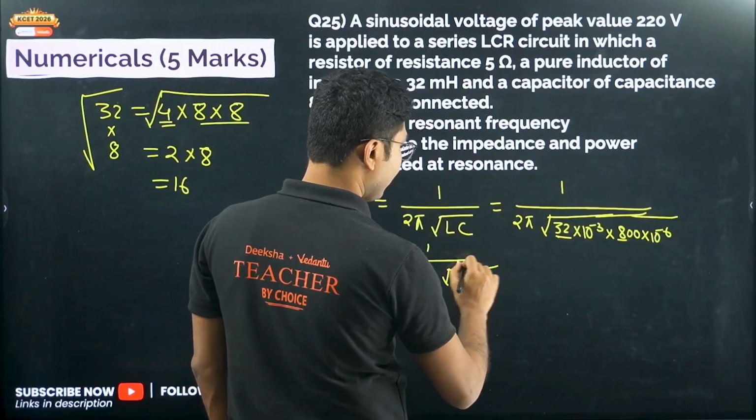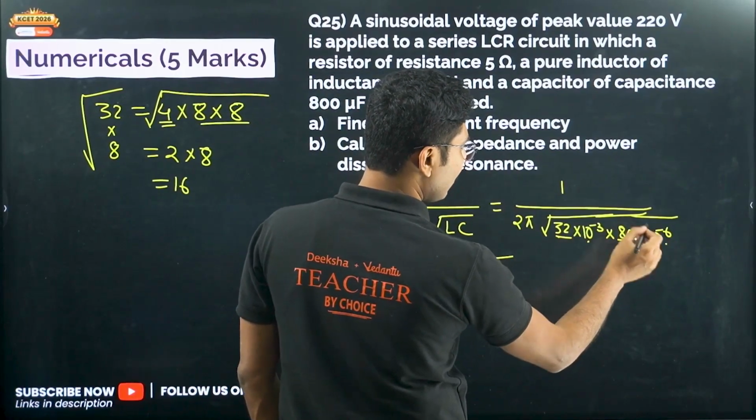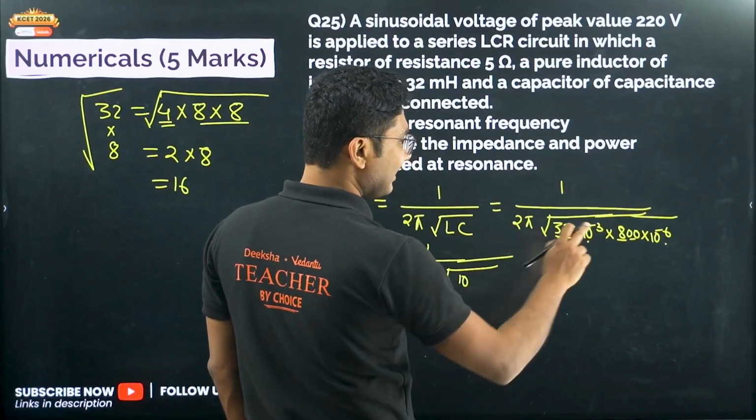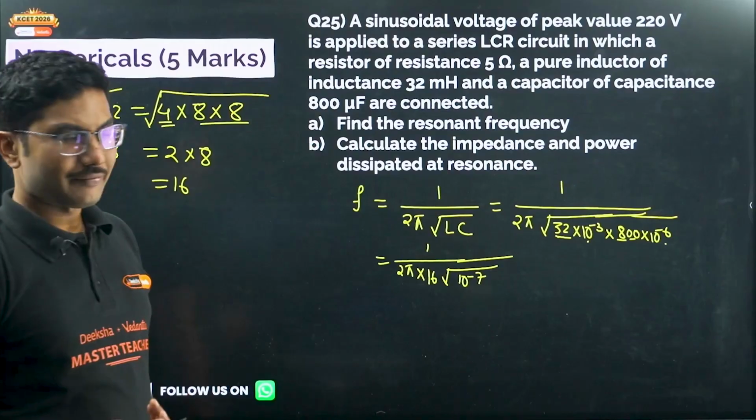Okay, so we get this as 16, and what are we left with? We are left with 10 to the power of minus 3, minus 6, and 2 zeros. Okay, so 10 to the power of minus 9 plus 2, minus 7. So this is what we are left with.